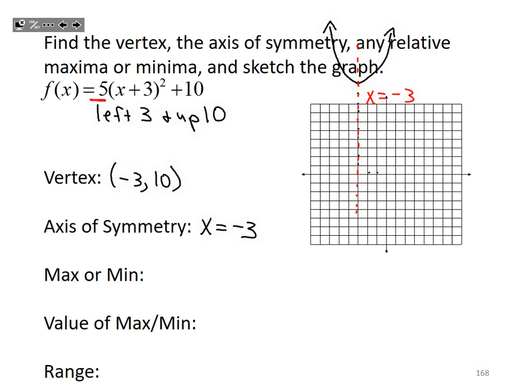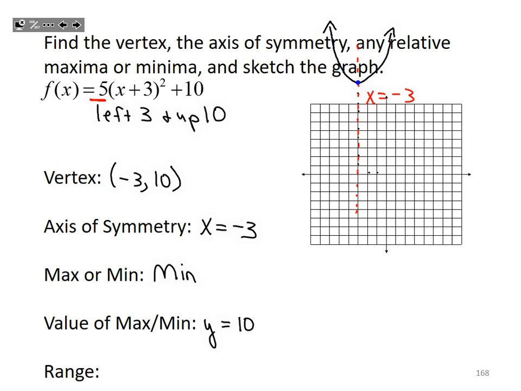So I know that this point here at -3, 10 where I have that vertex, it's the smallest point on my graph. And so in that case, it's going to make it a minimum value since it's the smallest point on that graph. And that minimum value occurs at that y value, which happens to be at y equal to 10.